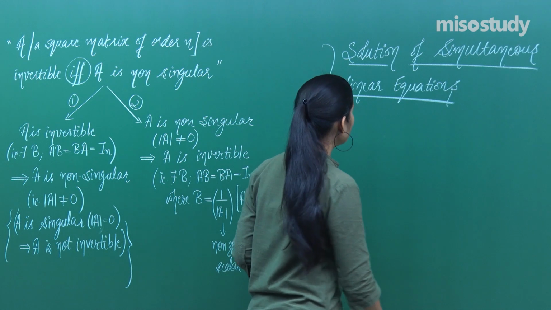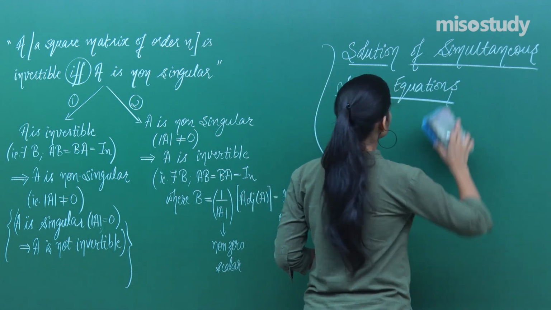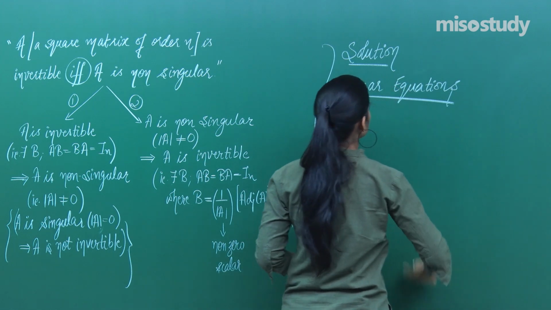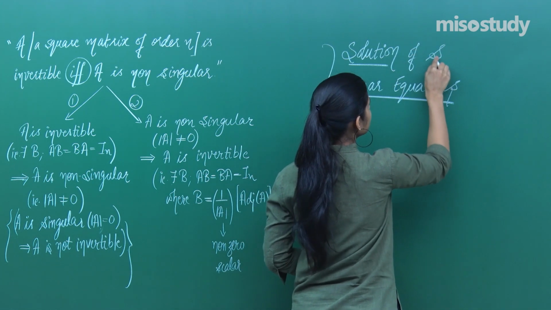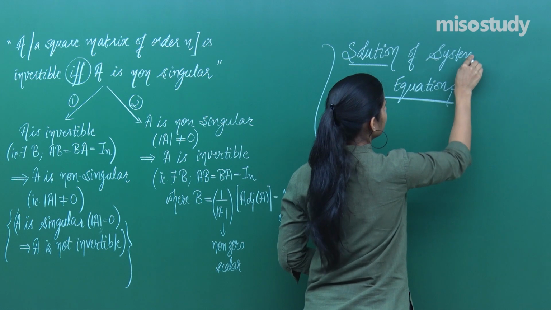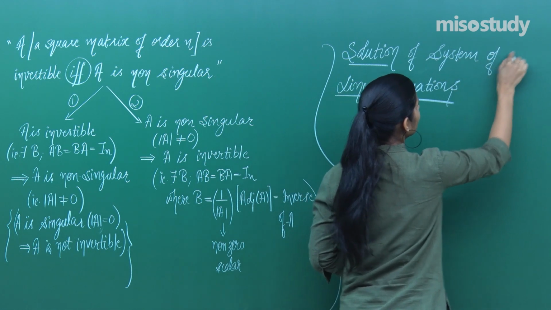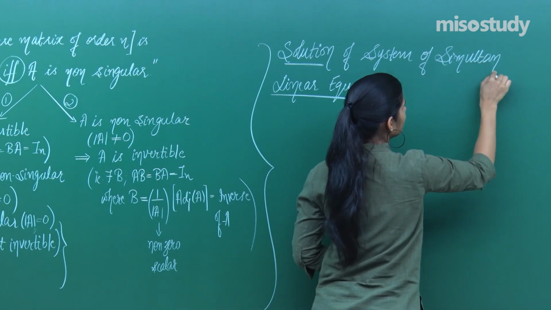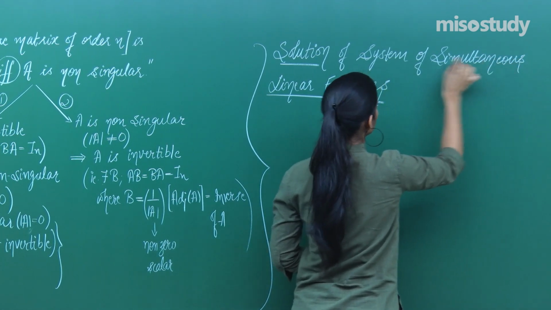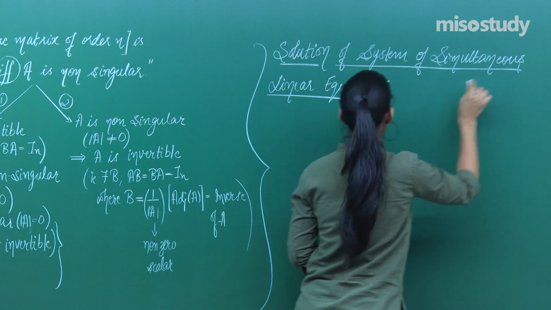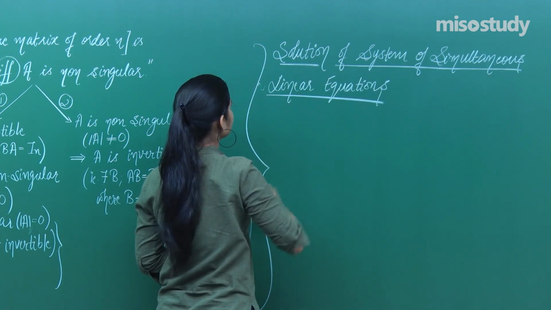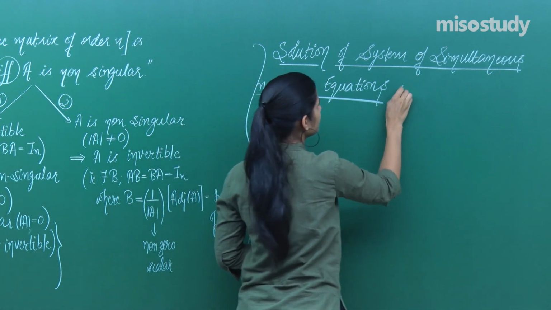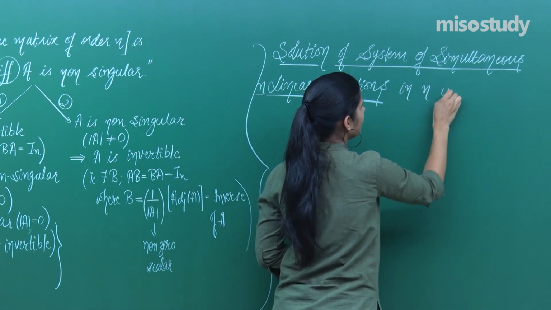So it is solution of, I should not write this, it better should be solution of system of simultaneous linear equations, or I should write simultaneous n linear equations in n unknowns.